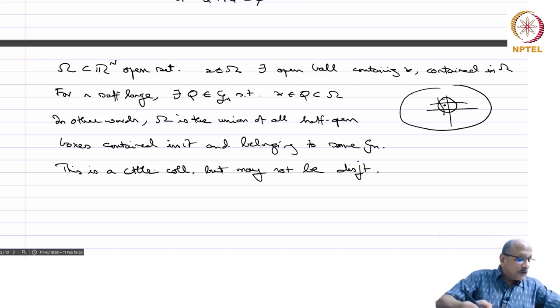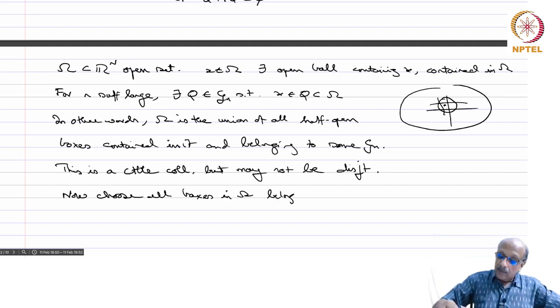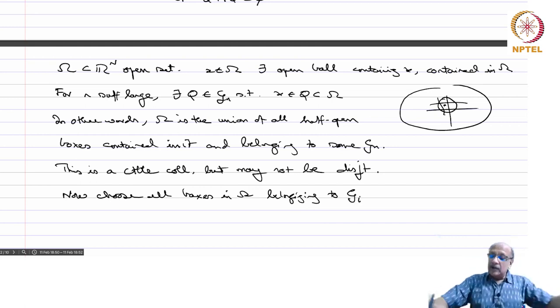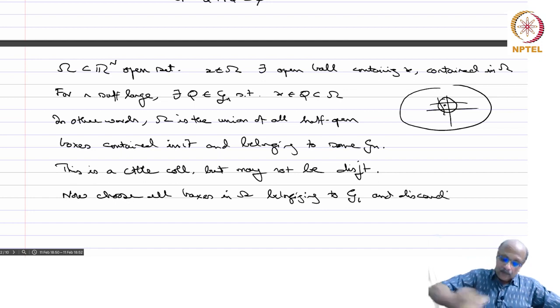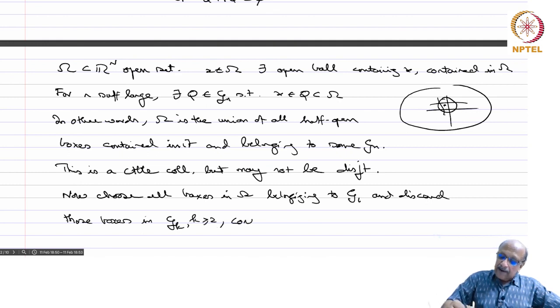So what we are going to do is the following. So now choose all boxes in omega belonging to G_1. So they will all be disjoint anyway, and discard those boxes in G_k, k greater or equal to 2, contained inside these.